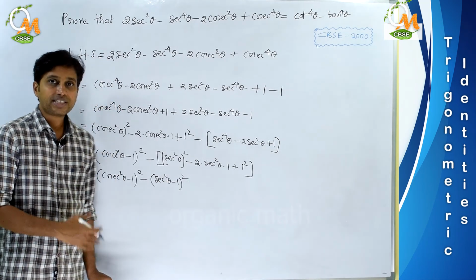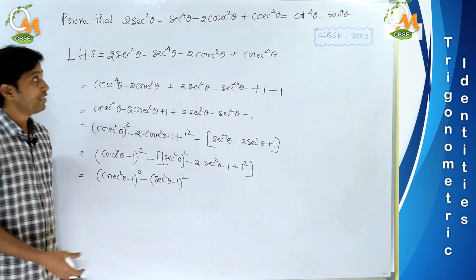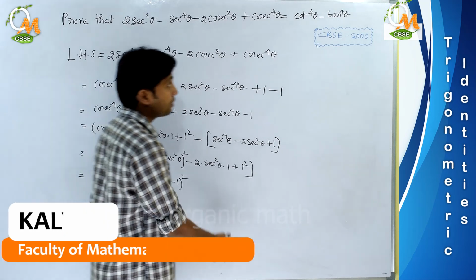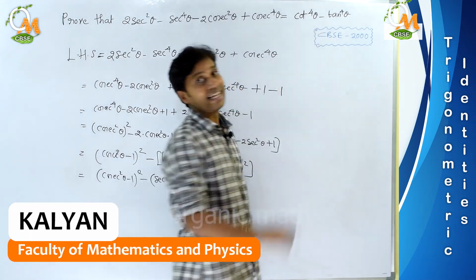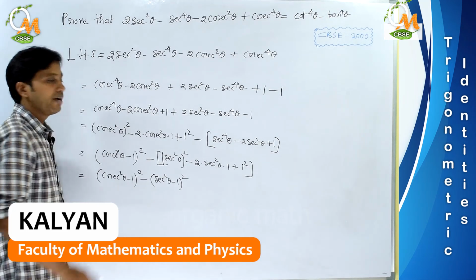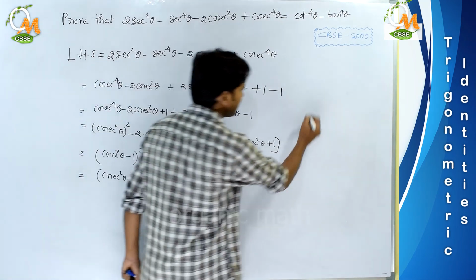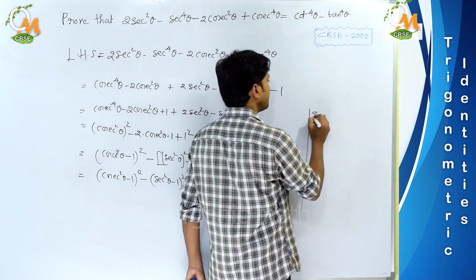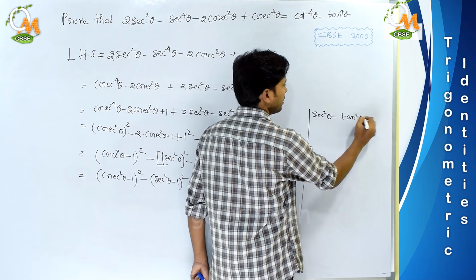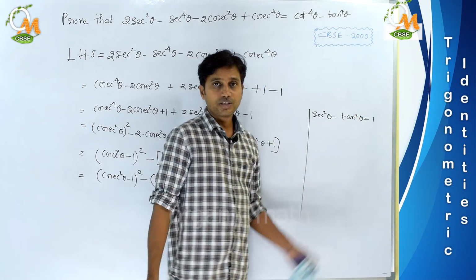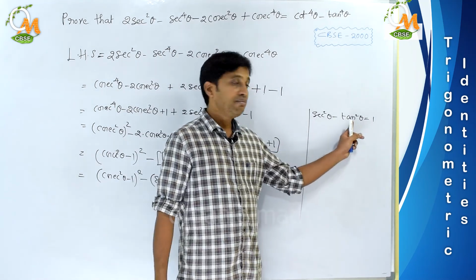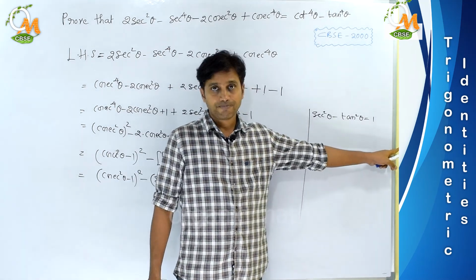Somehow it is simplified, but not completely. We need some more simplification, because we need to get the answer in terms of cot and tan. For that we'll use the trigonometric identity secant square theta minus tan square theta equal to 1.